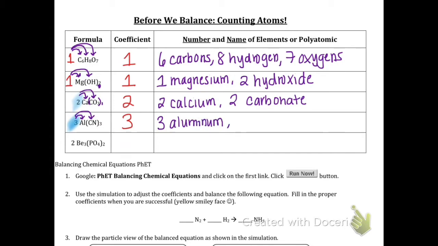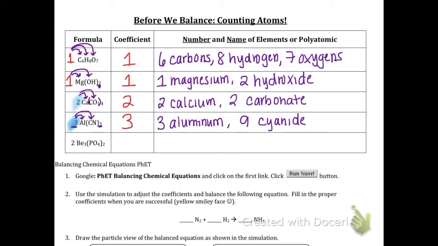Now, the question is, CN is cyanide, and the question is, how many cyanides do we have? This coefficient 3 and this 3 are basically going to multiply. So 3 times 3 makes 9 cyanides. That is how many polyatomic cyanides that we have.